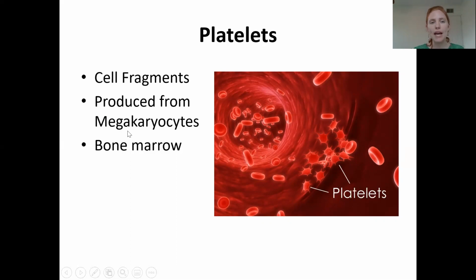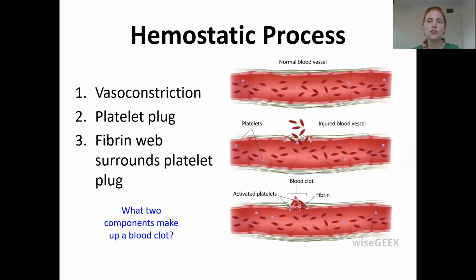They form megakaryocytes first, mega meaning big, so they make these big old cells, and then they fragment, and that creates the platelets. So the platelets are very, very tiny, even smaller than red blood cells. And they just circulate around in the body, so that when you get damage, you're going to create a blood clot.